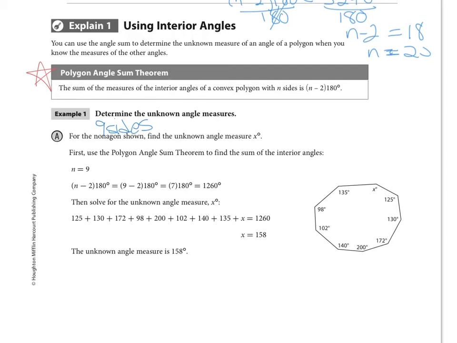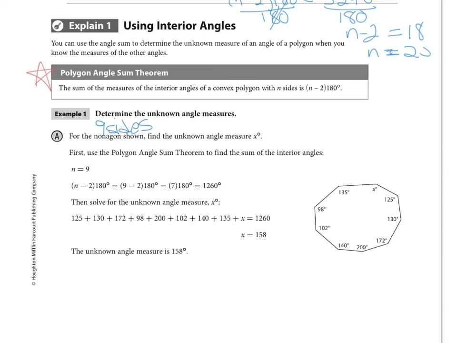So first we're going to use the polygon angle sum theorem to find the sum of the interior angles when n equals 9. That's 9 minus 2 times 180 right here. And that's 7 times 180, or 1,260 is my total of all those 9 angles.